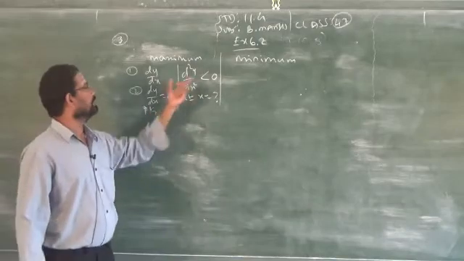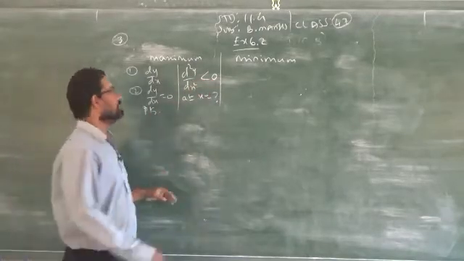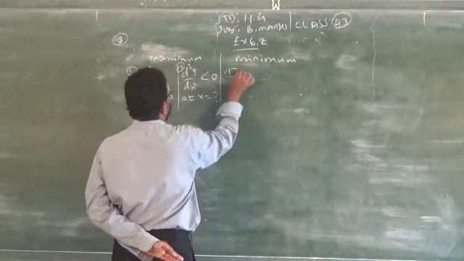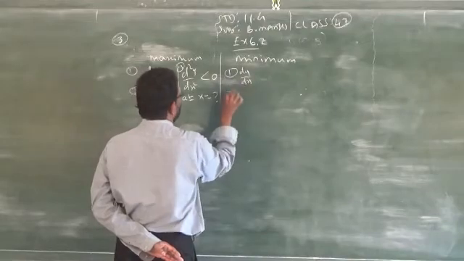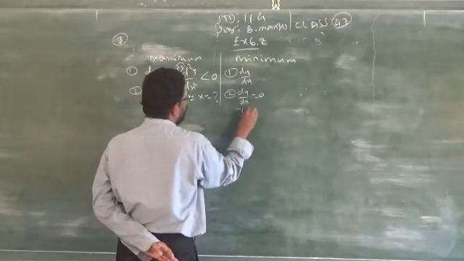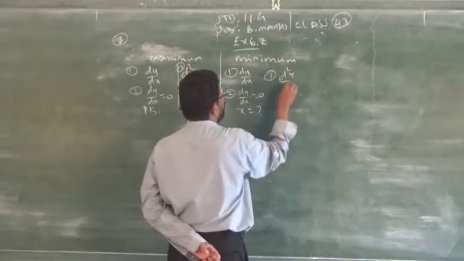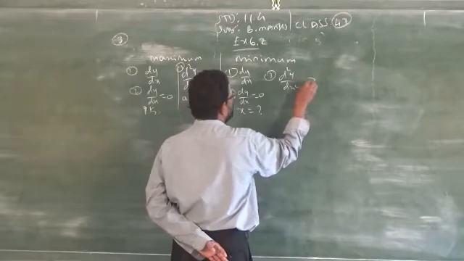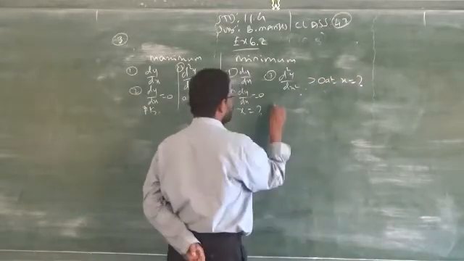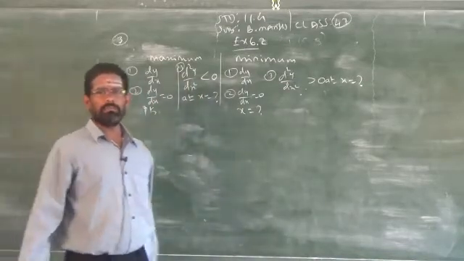If you replace them in the second order and the answer is less than 0, then it is a maximum. Same concept for the minimum: first order equal to 0, find points, then substitute in the second order. When the answer is greater than 0 at x equal to the point, then it is a minimum. That's all. This is the maximum and minimum.